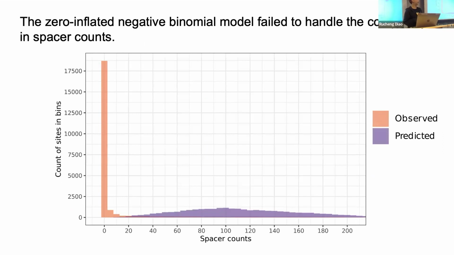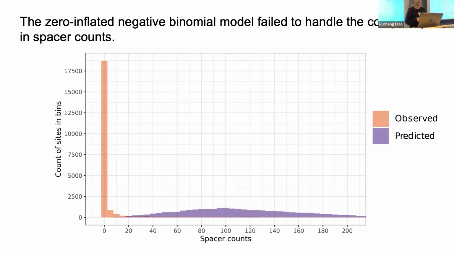We see that in the predicted count, the purple histogram, there is a dramatic rightward shift compared to the observed count. We think it's probably coming from the negative binomial component trying to account for the very high counts we see in the data and ending up very dispersed in this process.